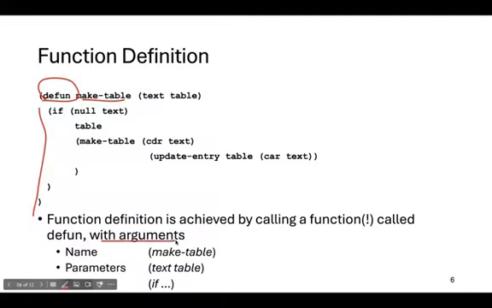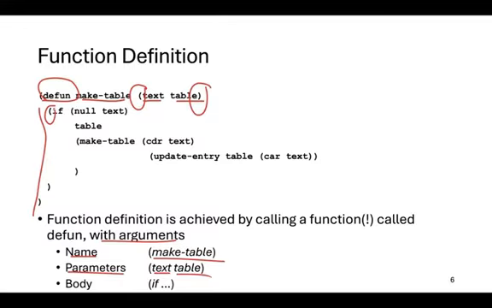Here we have the name of the function, which is make table, and then we have the parameters of the function, which are the text and the table. Afterwards we have the body of the function. If you notice, everything is between parentheses here: the parameters are between parentheses, and the body of the function also has parentheses, indicating the beginning and the end.